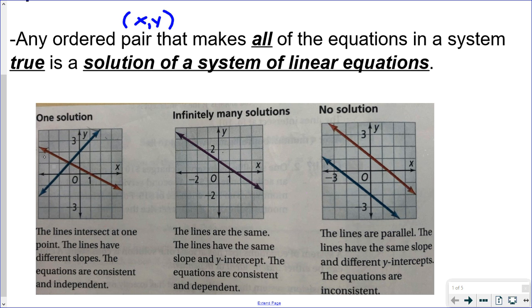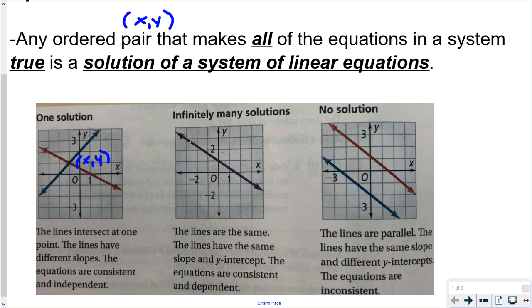When you graph them, if the lines cross, the point where they cross or intersect is where the solution is. So this is the XY ordered pair that is a solution to each of these lines, or in other words, each of these equations.